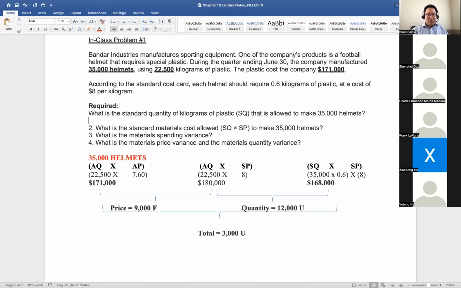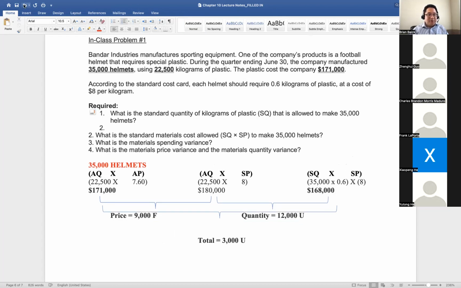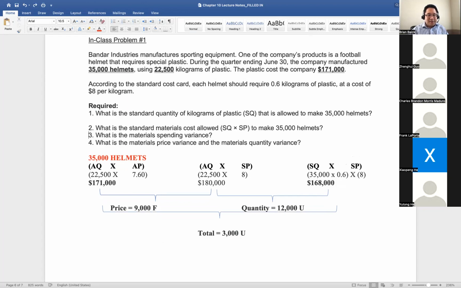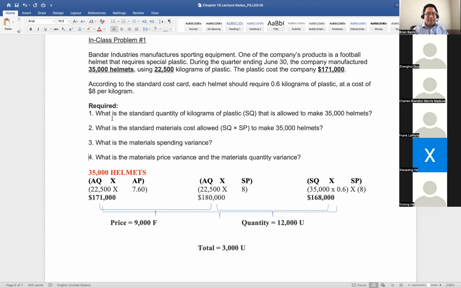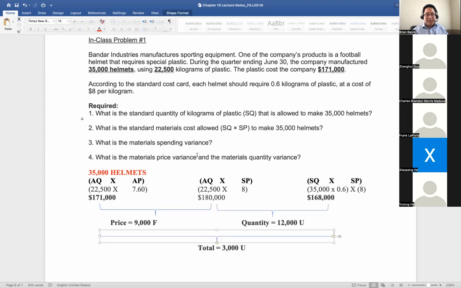Okay, excellent. We didn't even answer the questions yet, but I bet the questions are easy to answer. Let's see if we can answer them. What is the SQ? SQ is 35,000 times 0.6, which is 21,000.